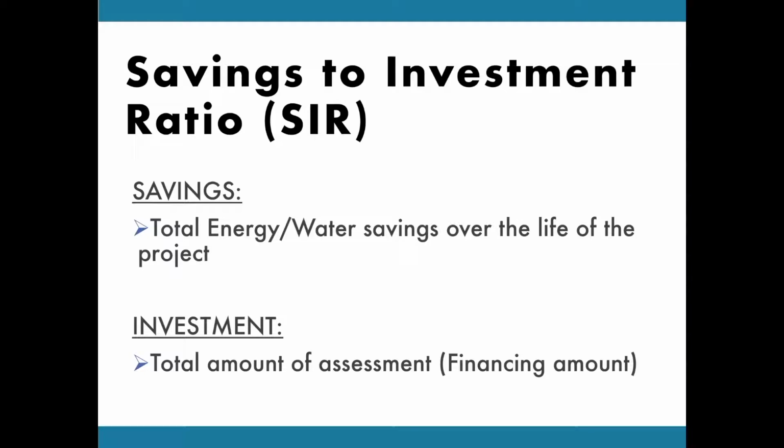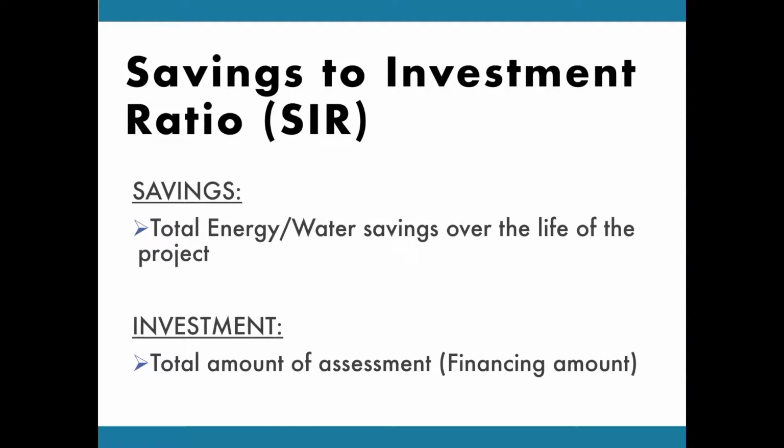Ultimately, all of our projects are going to be evaluated on their economic merits. In the PACE world, not just in Texas but really the entire country, a metric called the Savings to Investment Ratio, or SIR, is used. The math behind calculating the SIR is fairly simple and straightforward.